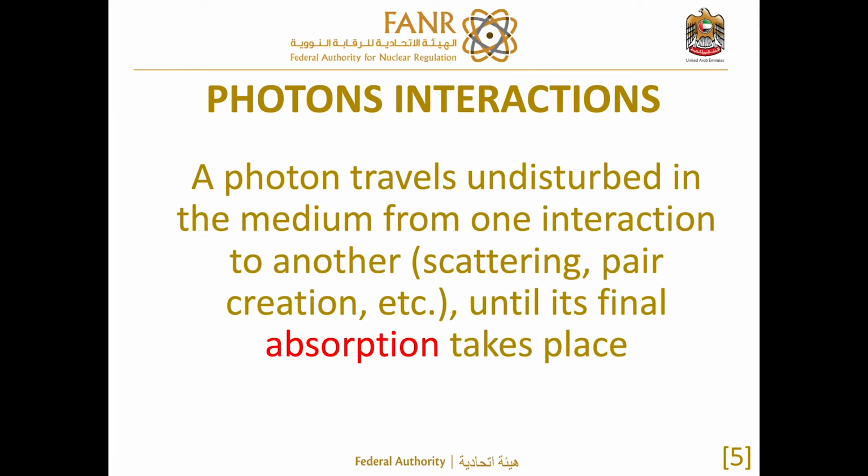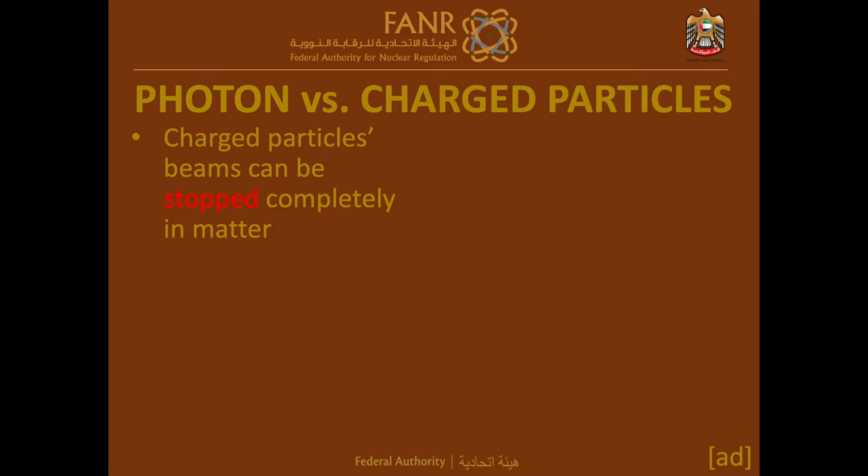It's very important, as I mentioned before, that the photon travels without any disturbance from one interaction site to the next interaction site. Nothing happens in between. It doesn't change any parameter, velocity, direction. Nothing changes. So, big differences between photons and charged particles.